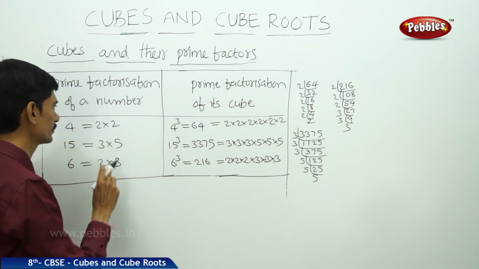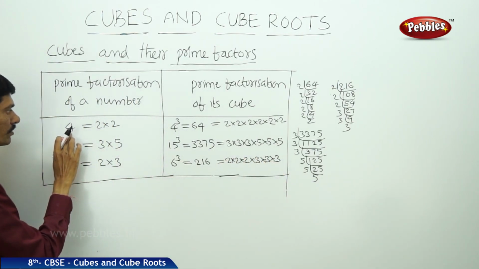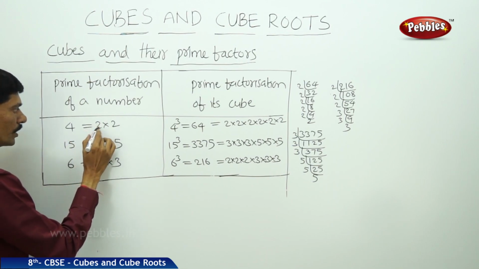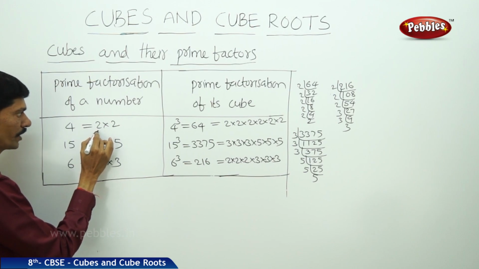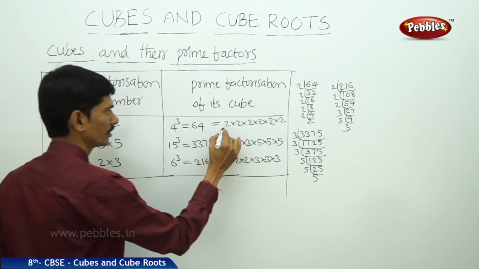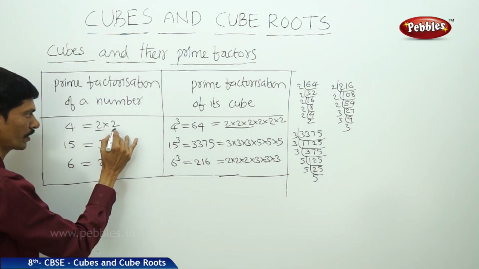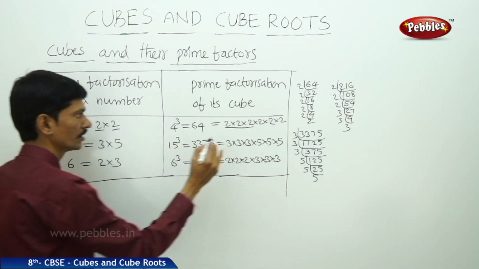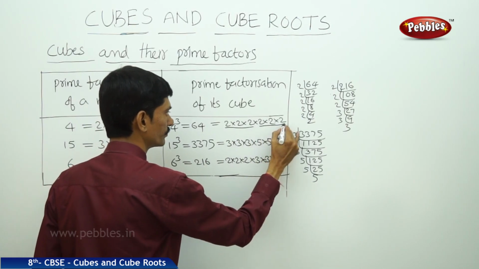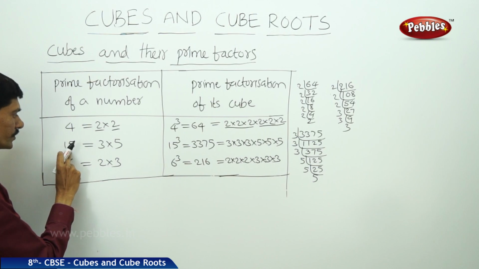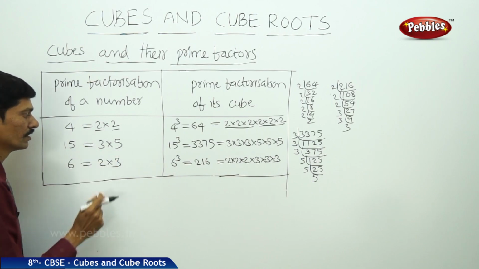Now see the first case. When the given number is 4, its prime factors are 2 and 2, then the first prime factor 2 appears 3 times in the cube and the second prime factor 2 also appears 3 times in its cube. Now if you take the second case, the prime factorization of 15, that is 3 into 5.